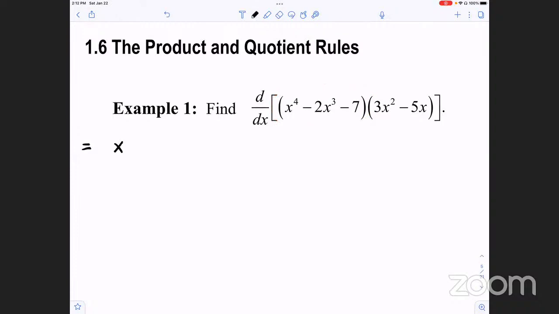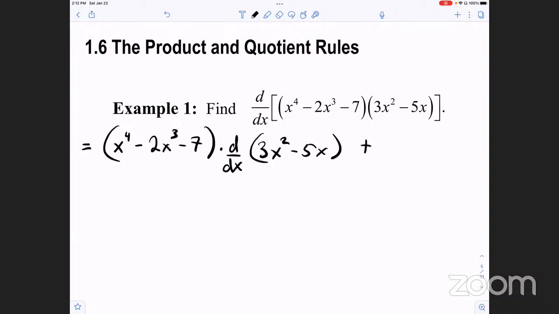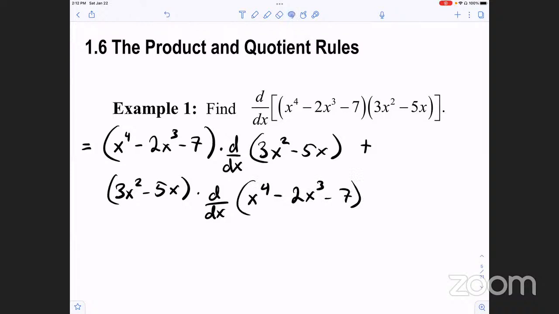So we have x to the 4 minus 2x cubed minus 7, times the derivative, d by dx, of the second, which is 3x squared minus 5x, plus the second times the derivative of the first.